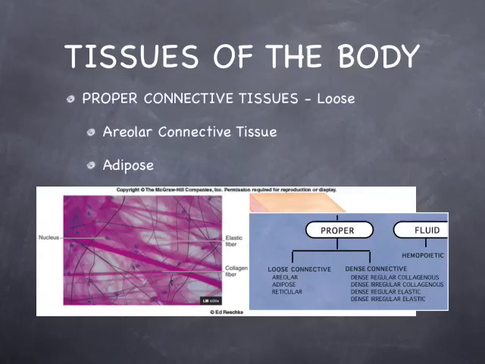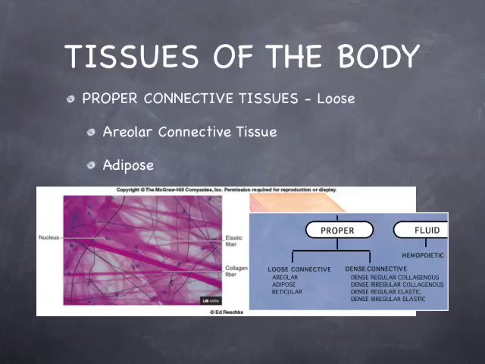And marbled in and through there is fat. Where do I find most of the fat on my body? It's between my skin and my body, isn't it? And so the association of these two is what put this in the connective tissue category.